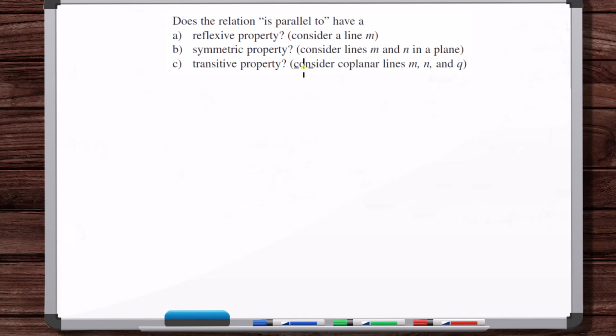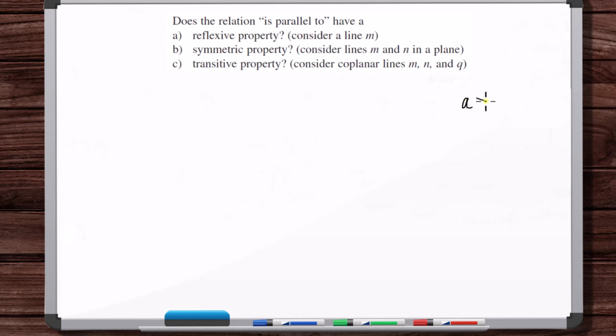So remember the reflexive property. Let's first answer this for the relation greater than. So you have one number that is greater than another number. Is that reflexive? Is that symmetric? Is that transitive? Well, the idea of reflexive is you take the same number and put it in that operation.